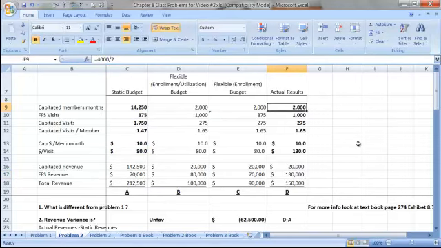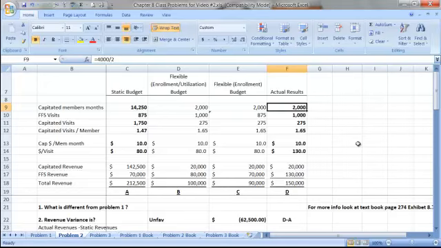Let's jump over to our actual results. Now, these are big differences, and the obvious question is, okay, we thought we'd have 14,250 member months, and we only ended up with 2,000. Something happened. Maybe a major contract didn't come through that we had budgeted for, but there was definitely a big problem.